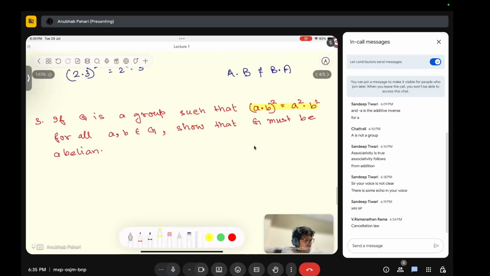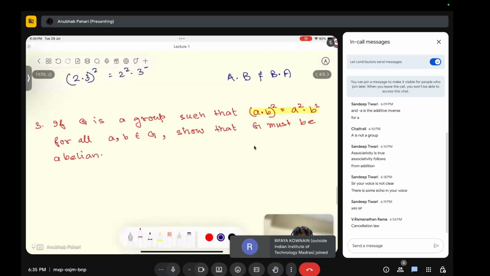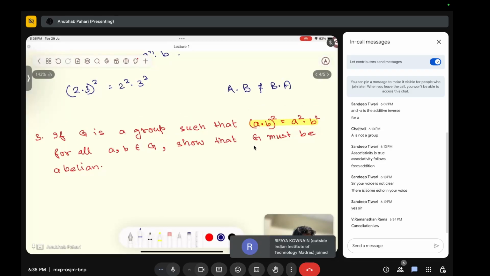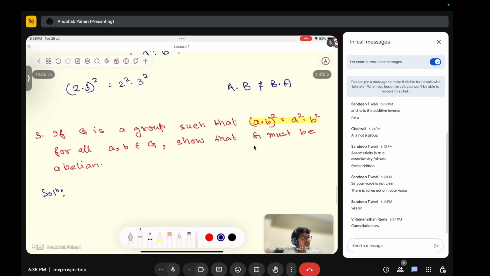Okay, the one line is enough for the solution that what you just said, but for the sake of completeness, we will be writing the proof.